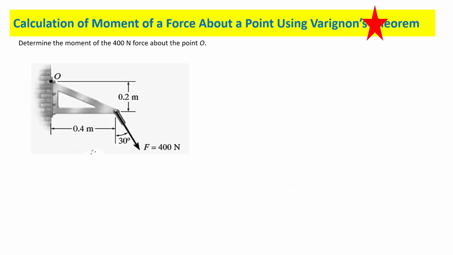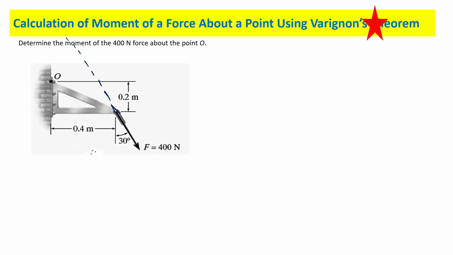Okay, so here, Varignon's theorem. If you want to find the moment of this force about O, what is the method? You can extend the line of action of the force, am I right?